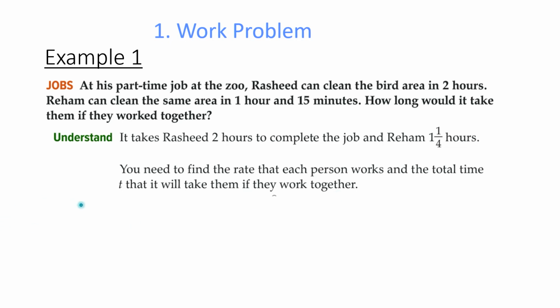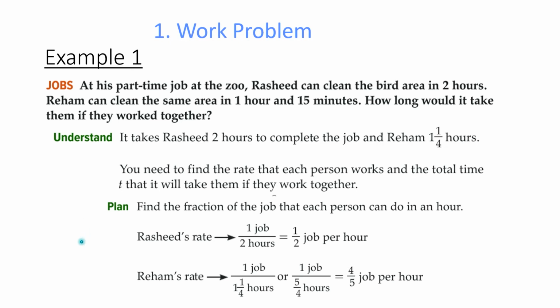What is our plan? The main plan is we have to find what fraction of the job they finish in 1 hour. That is, Rashid's rate is 1/2 of the job per hour and Reham's rate will be 4/5 of the job per hour.